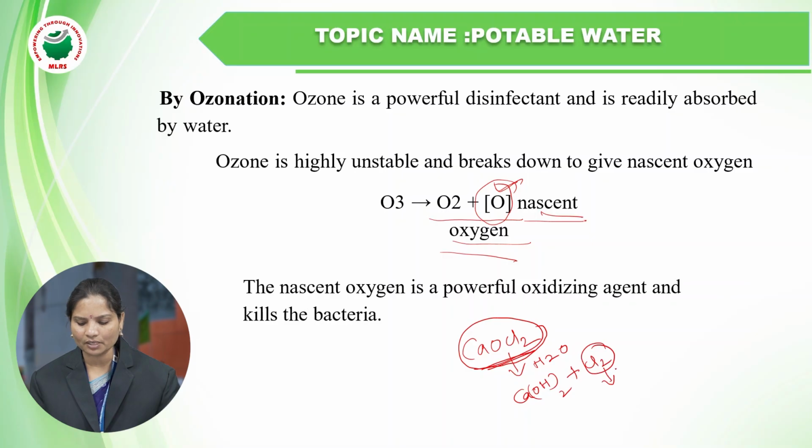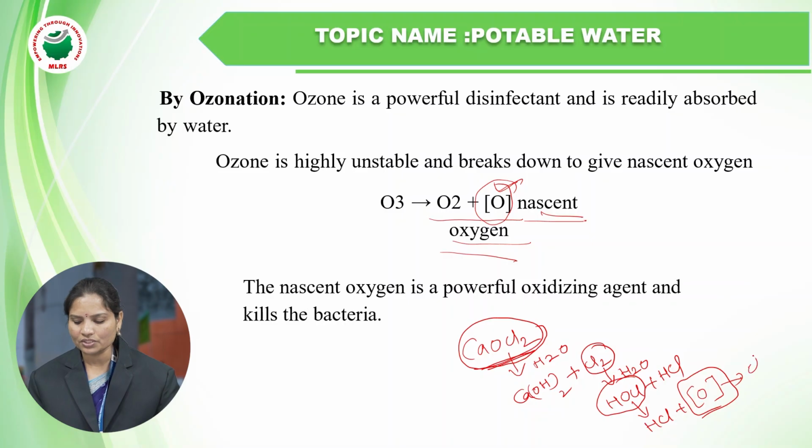Again the Cl2 interacts with water to produce HOCl and HCl. Again HOCl decomposes to produce HCl and nascent oxygen, which is an oxidizing agent. Then the chlorination process takes place and kills the bacteria in the water.